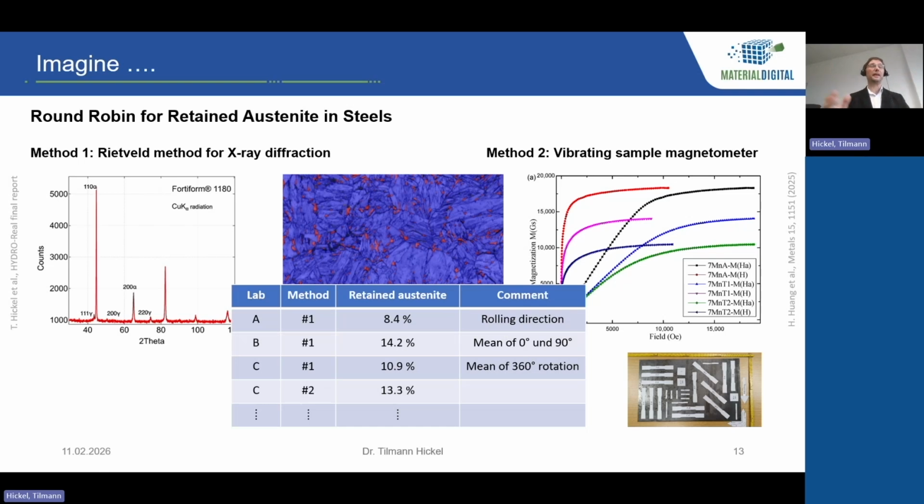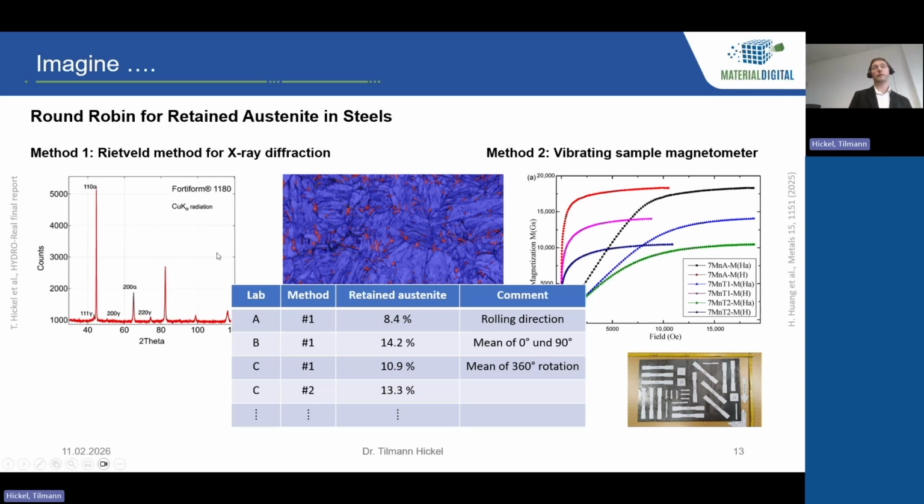Just to mention one example, how different labs can do a seemingly simple experiment in different ways, and round-robin tests are designed for this. And how nice would it be if this kind of round-robin tests would be optimized, that we have the different process protocols in an optimized way available, and in this way have a comparability of results.